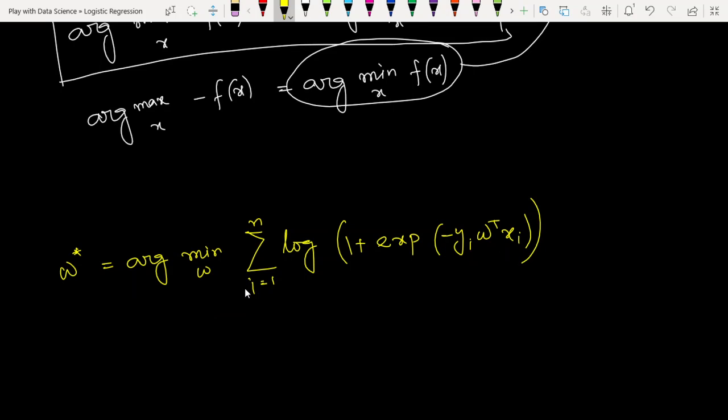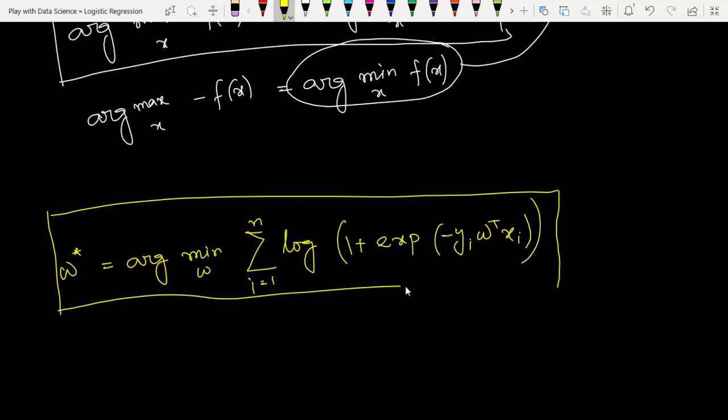So this is our main optimal. This is the logistic optimal problem, the optimal problem of the logistic equation.